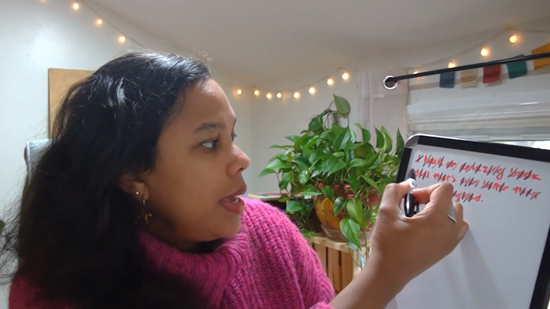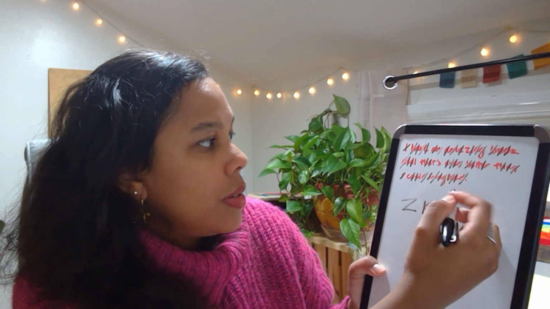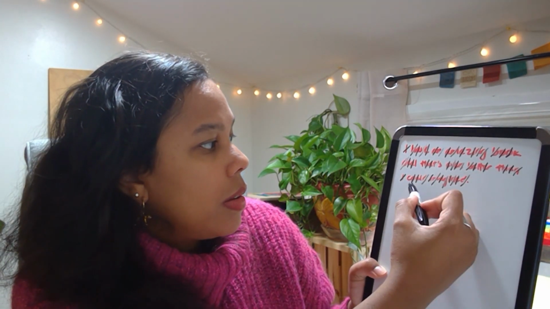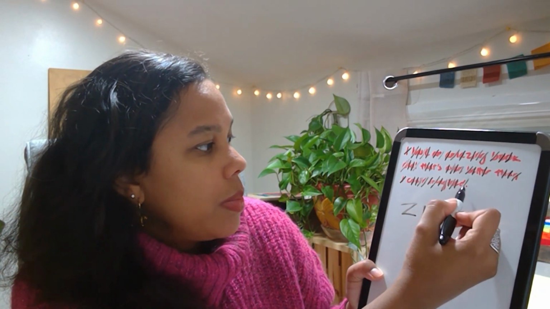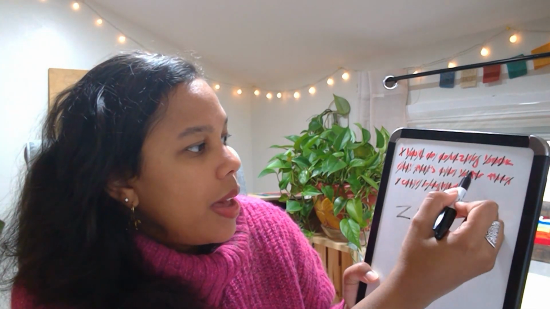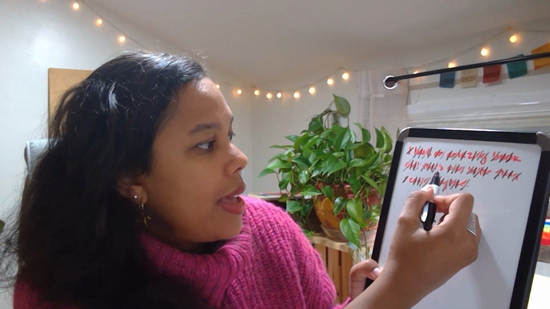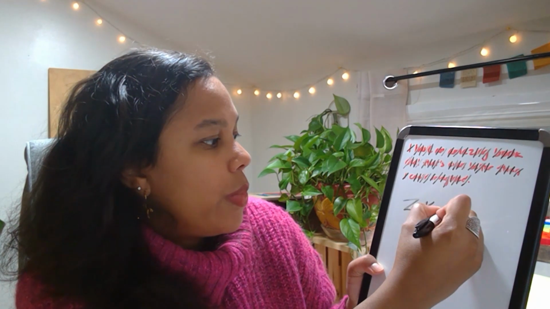The letter D. Yep, D shows up multiple times. The letter L. Yep, that one shows up. Okay, the letter T. Yep, I see duplicates of that. Okay, the letter S. Oh, okay.